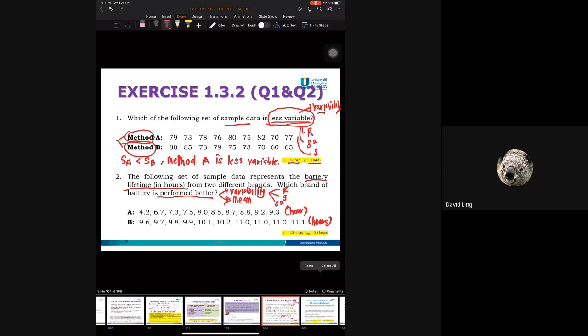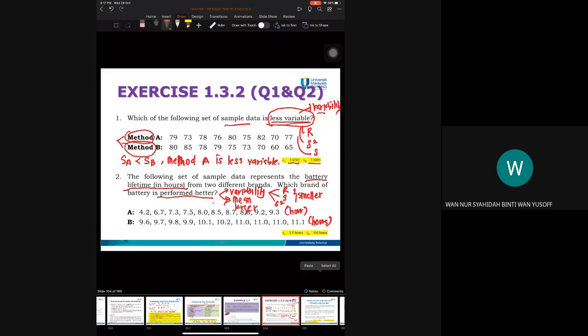Because of lifetime. That's good. Because of the variable. We know that for the variability, it must be smaller, but for the mean, it must be larger.